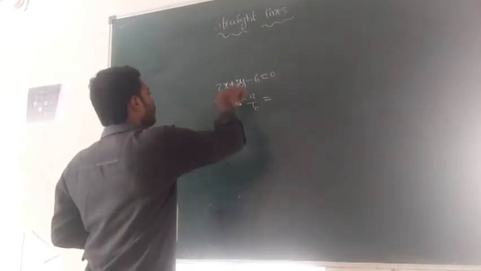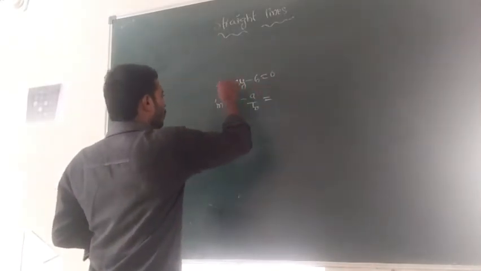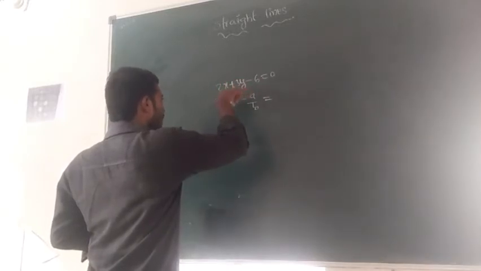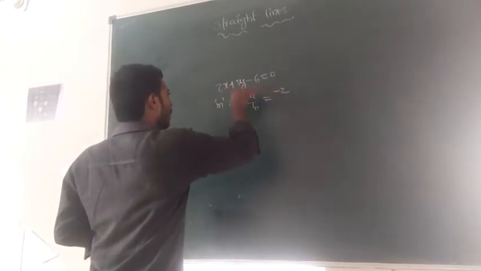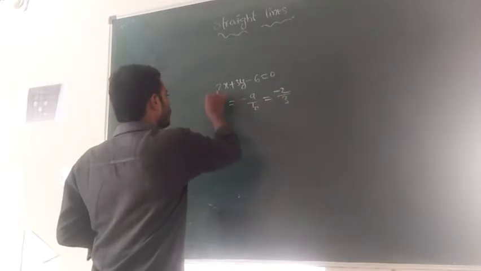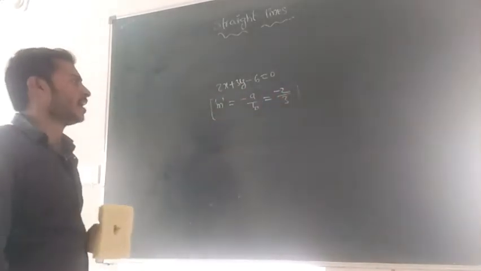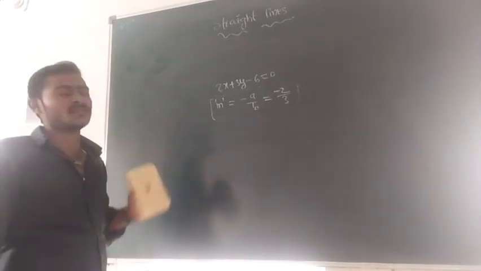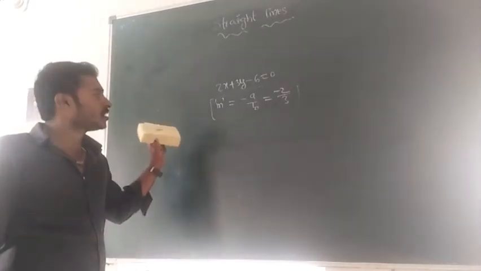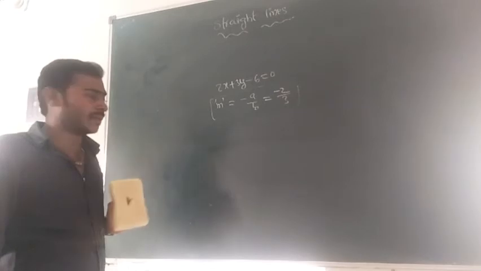Here a is 2 and b is 3, so the slope is minus 2 by 3. That is the slope of that straight line.